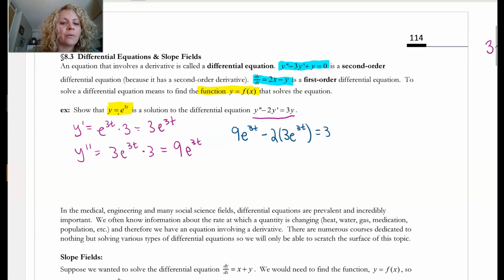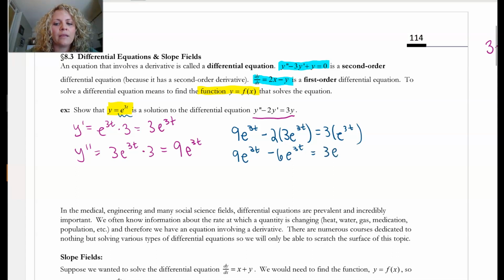Going back to what we were given, y is equal to e to the 3t. Following the order of operations, I can multiply 2 by 3. So we get 9e to the 3t minus 6e to the 3t equals 3e to the 3t.